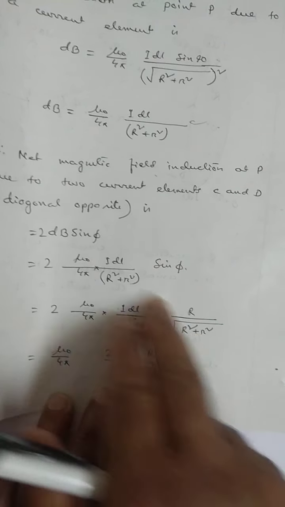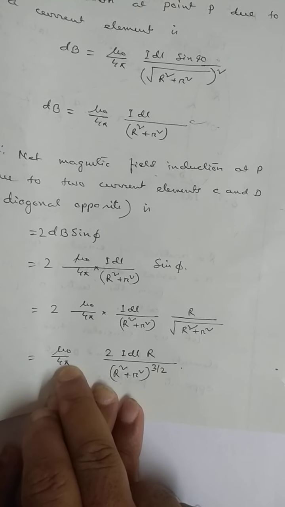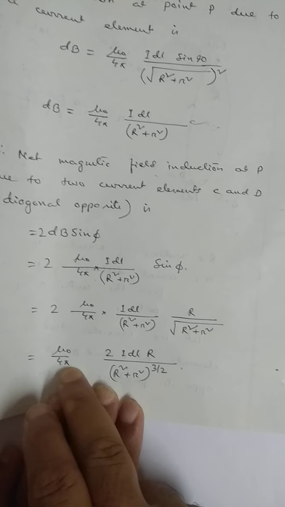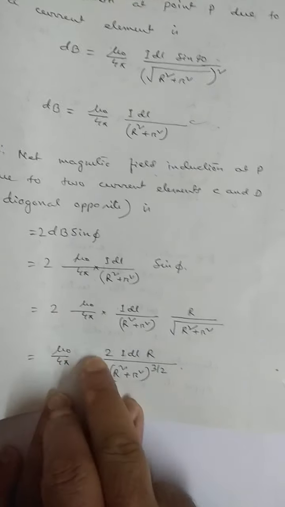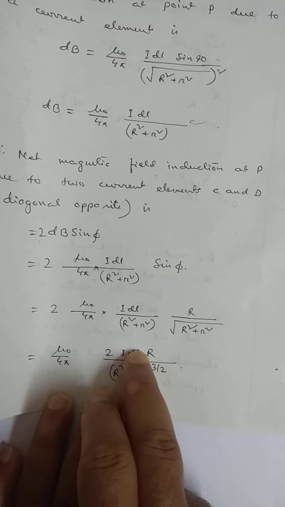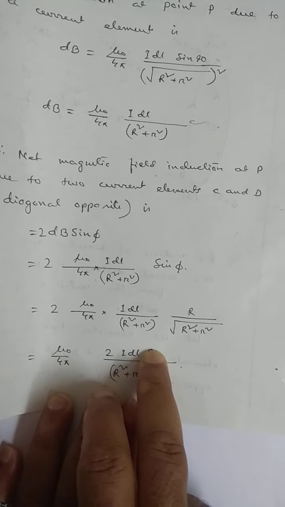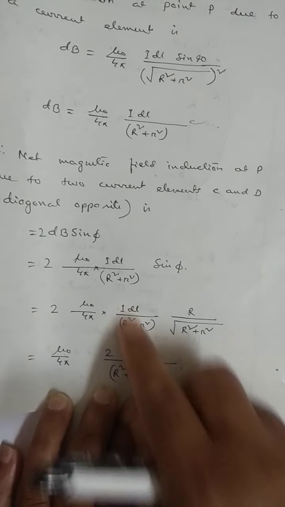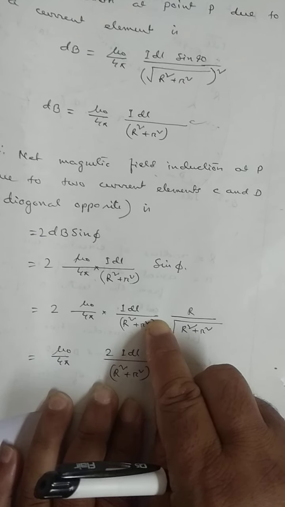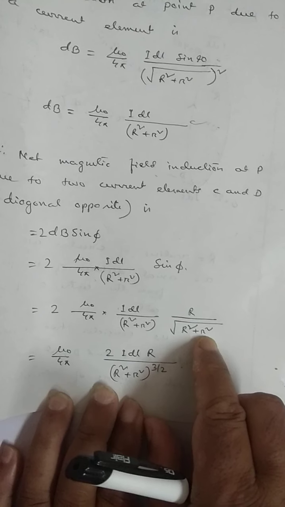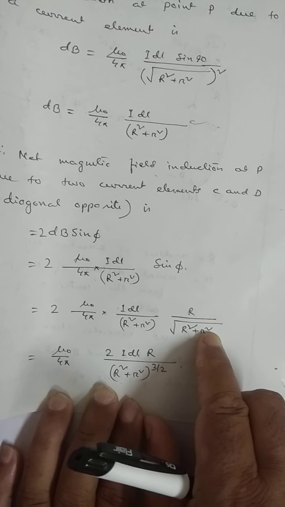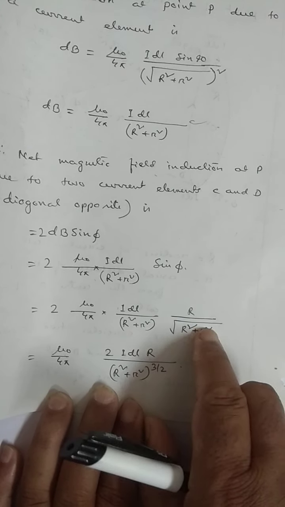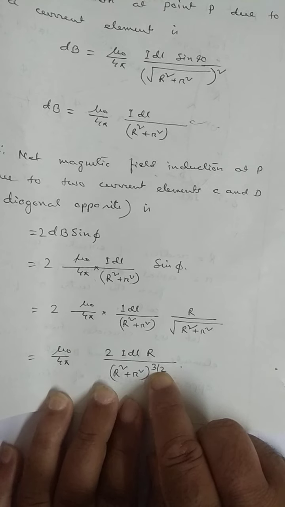Now, if I rewrite the equation, mu 0 by 4 pi is a proportionality constant, therefore it is written like this. This 2 is here, and this capital R is here. You just see, what is the power of capital R square plus small r square here? It is 1. But what is the power here? It is half. So 1 plus half is equal to 3 by 2.